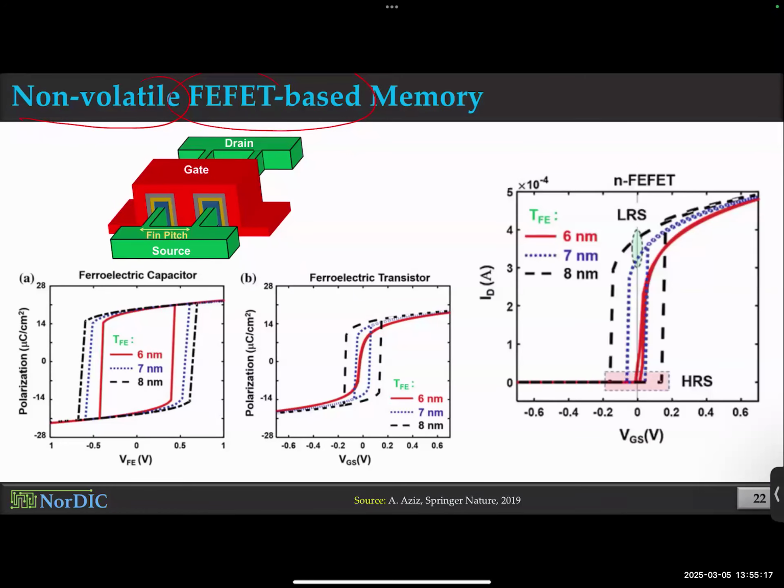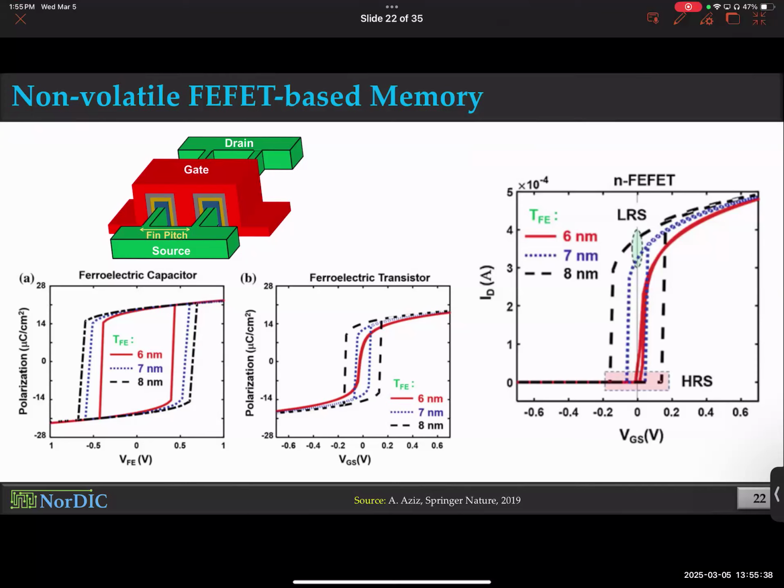The previous one was also FEFET-based memory, ferroelectric FET-based memory, but nobody calls it FEFET. Everybody calls it NC-FET, negative capacitance FET, because you're using the negative capacitance of the ferroelectric to get whatever you're trying to get. So the previous concept was NC-FET-based memory. But now we are moving forward to FEFET-based memory, where the ferroelectric property is crucial.